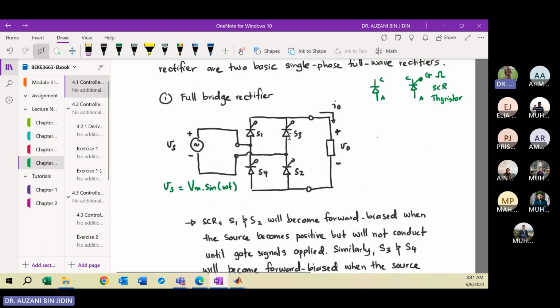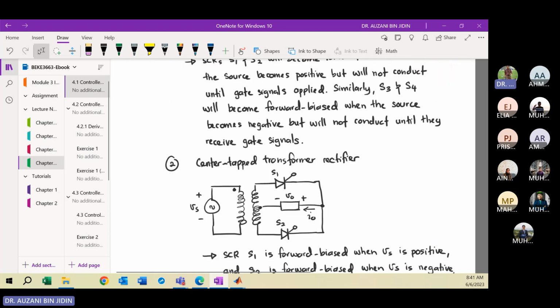Okay, so this is the first type of the rectifier, using the full bridge converter. For this type of rectifier, it employs 4 switches, which are SCRs or thyristors. Another type is the center tap transformer.